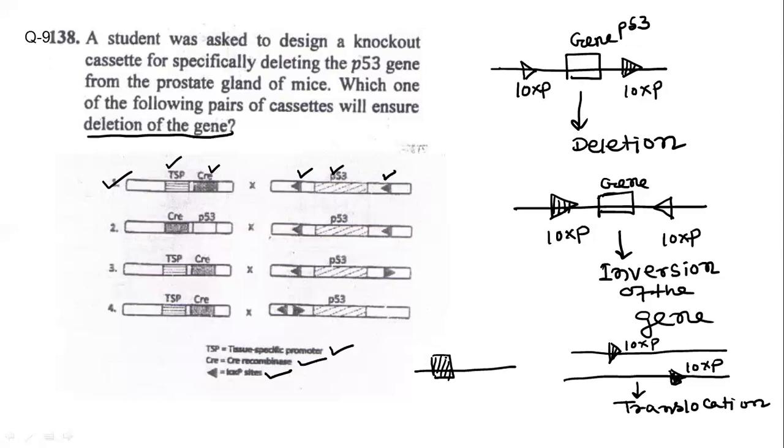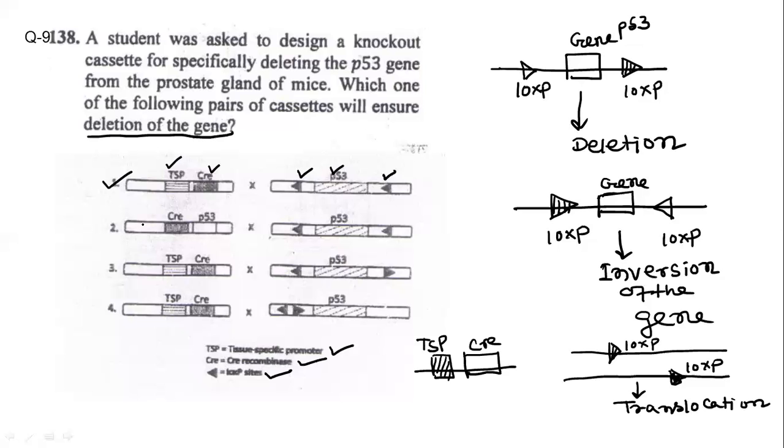The Cre gene must be transcribed to make mRNA, and then the mRNA produces protein. That's why the tissue specific promoter must be there for expression of the Cre gene. The Cre gene must be near the tissue specific promoter, because the promoter is the region where RNA polymerase binds and starts transcription.